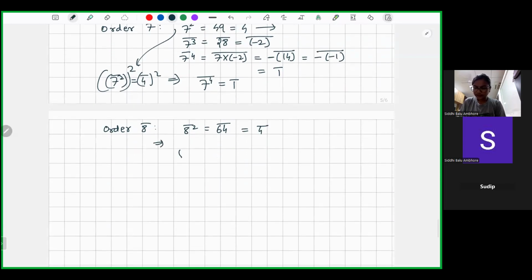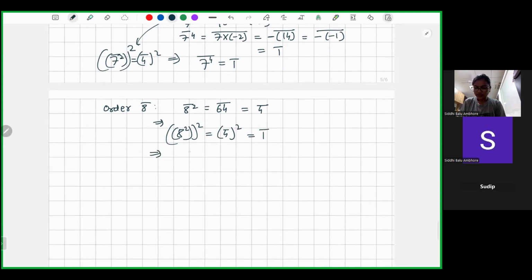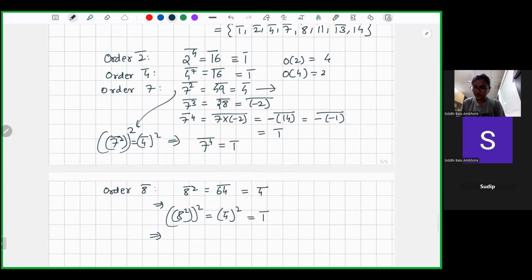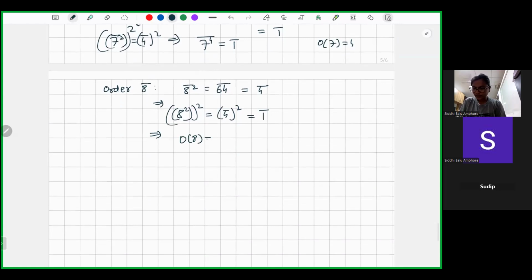So again this 8 squared is 4 bar, and 4 bar squared we know is 1 bar. So that's why the order of 7 was 4, and the order of 8 is 4.